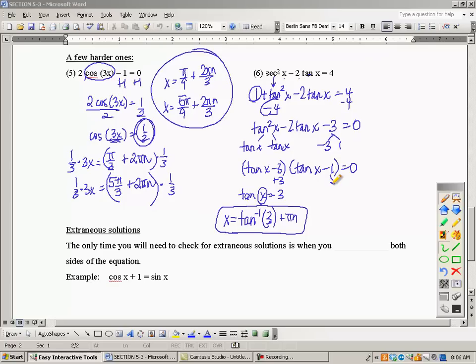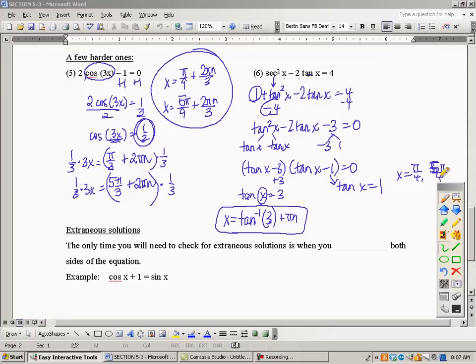The second thing, as we set this, the tangent of x equals 1, and I just moved the 1 already. Where does tangent equal a positive 1? Well, the tangent equals a positive 1 at pi over 4 and 5 pi over 4, because it occurs in the first quadrant and the third quadrant.